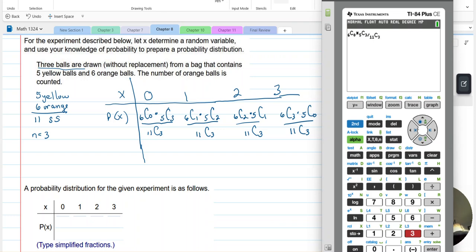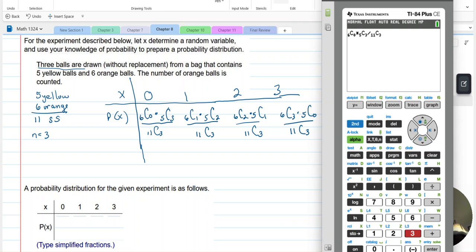Oops, look what I did. Side arrow. Oh no. Divided by, I forgot that, 11, math, PROB, 3, 3.